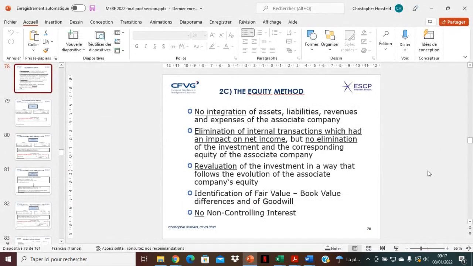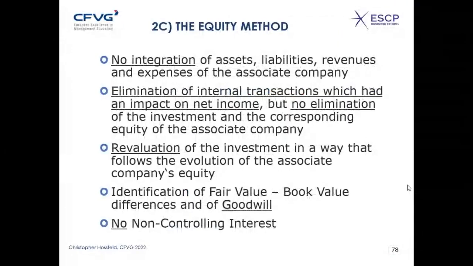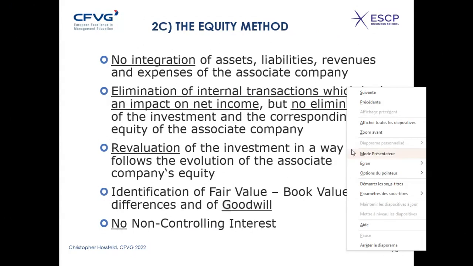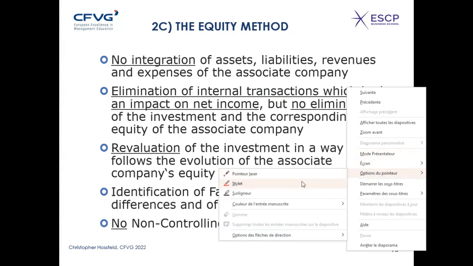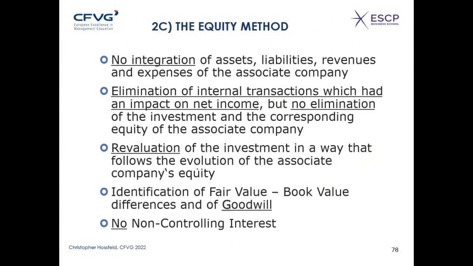Now, going back to the equity method. So the stock price changes. Okay, that's a possibility. But remember, in the equity method, as I said, my revaluation is not based on the stock price. So my question is, why does the book value of equity change? Mainly there are two reasons.